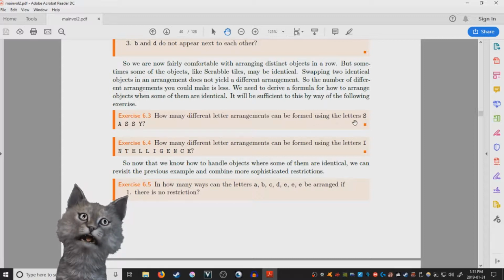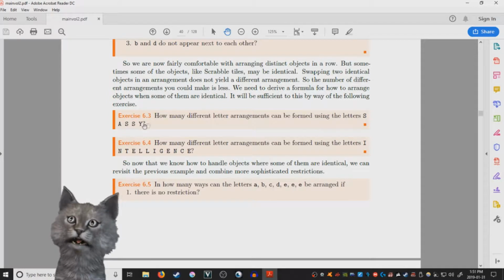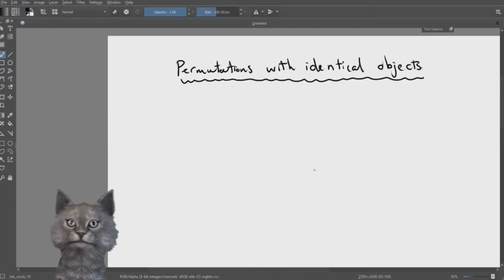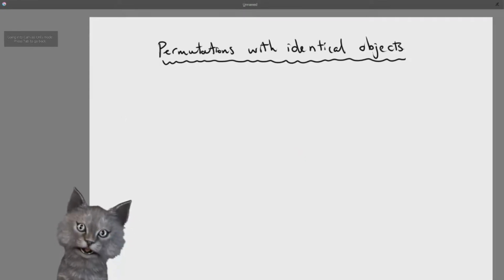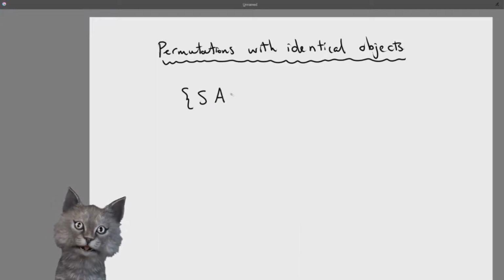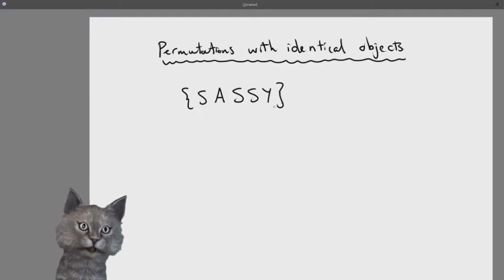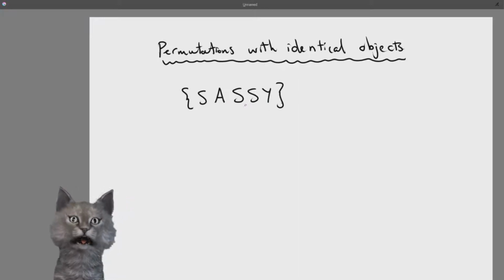And now this S and this S and this S are all identical, so I cannot tell them apart. That is the important thing, that regardless of how I write them, these S's are all identical.